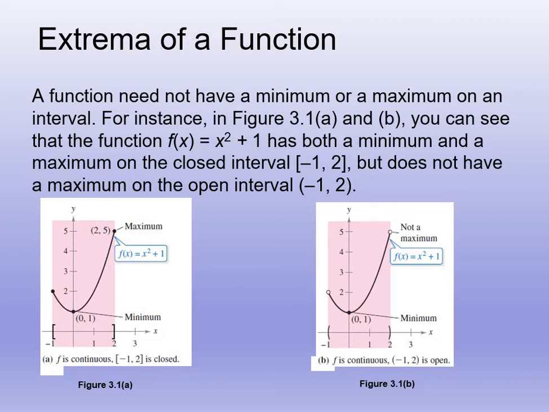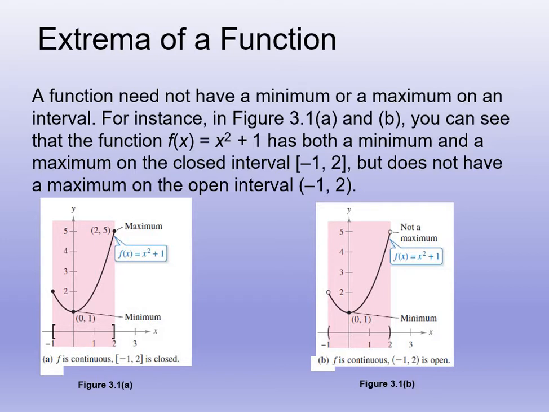So if we look at the graph on the left-hand side, figure 3.1a, that's a closed interval. Notice we have brackets on -1, 2, and notice that the holes are filled in at the endpoints, so closed interval. If we look at the figure on the right, that's an open interval because we are not including the endpoints. We use parentheses and we have open circles there.